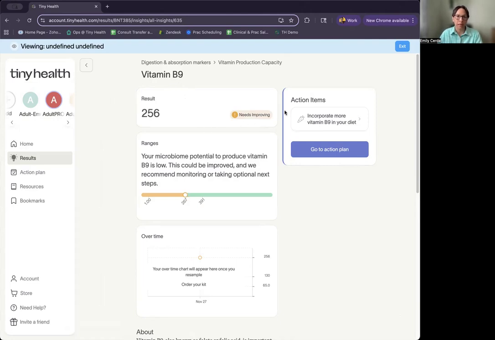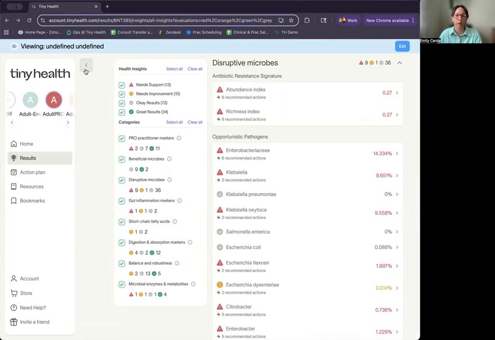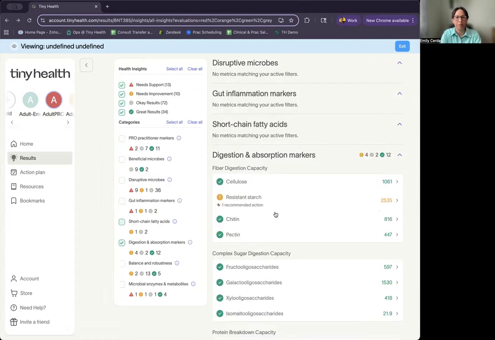It is not a hint that this person is a low folate status overall. So that's an important thing to recognize because a lot of times the patients will come in and see that that is out of range and they will assume that they are low nutrient status.